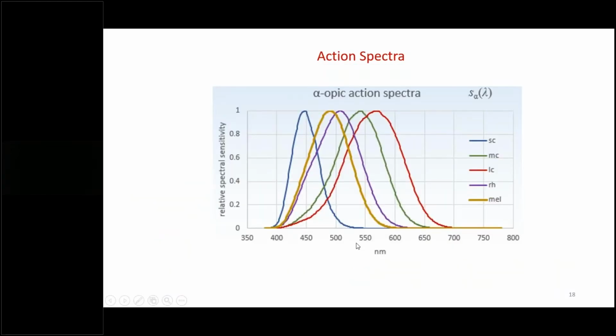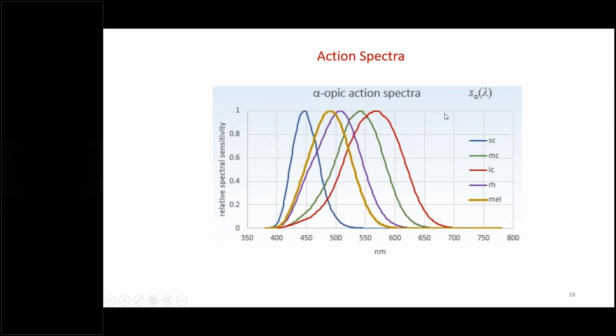You can see the action spectra for the 5 photoreceptors. This is S-cone-opic, the melanopic, which is centered around 490. Then you have rhodopic near 500, and then M-cone-opic around 530, and L-cone-opic around 580.